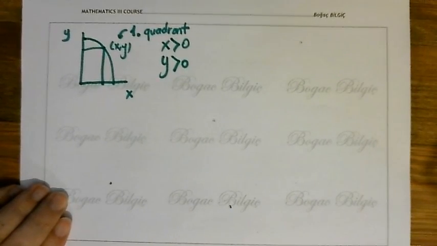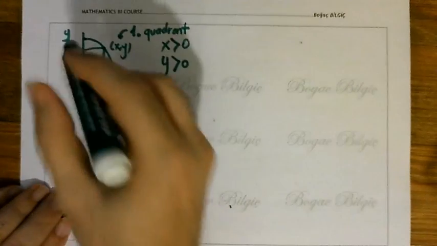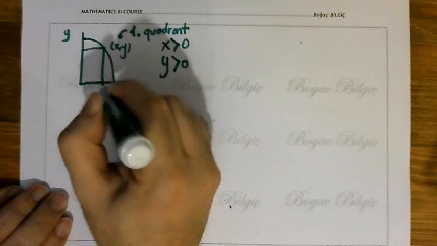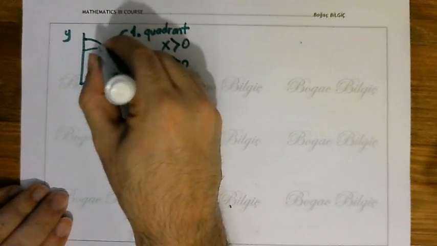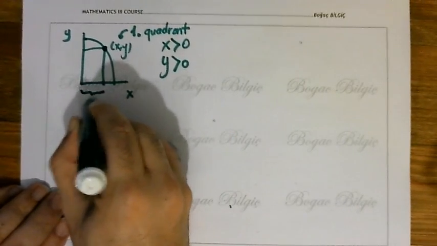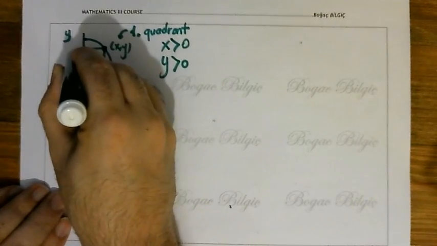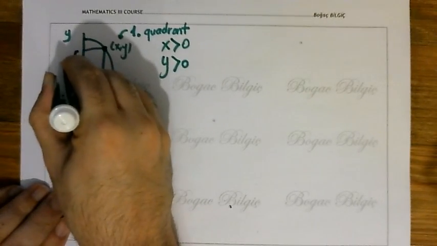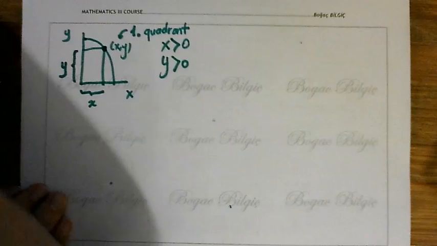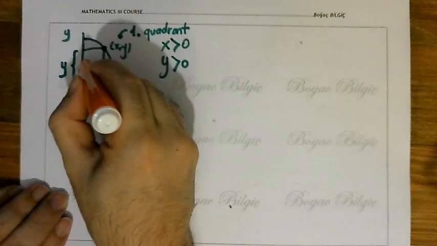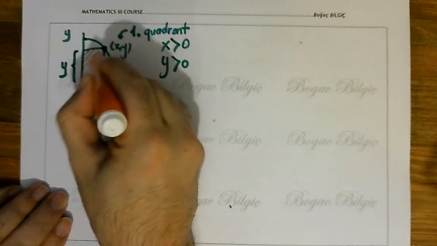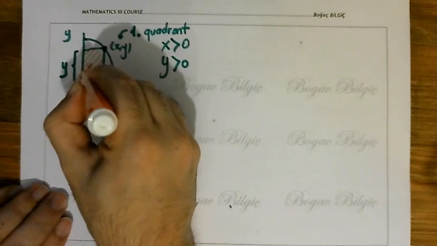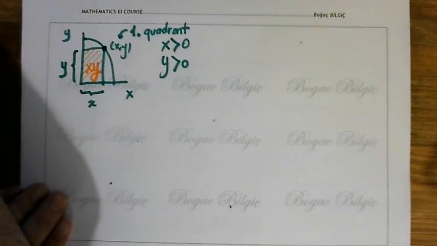Its area is given by x times y for this corner piece.